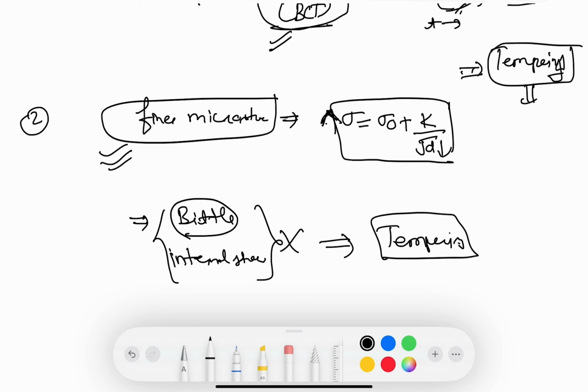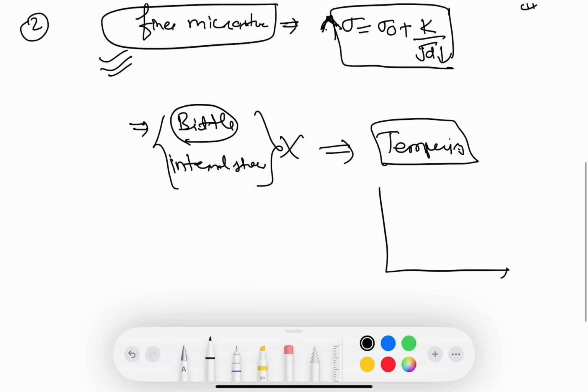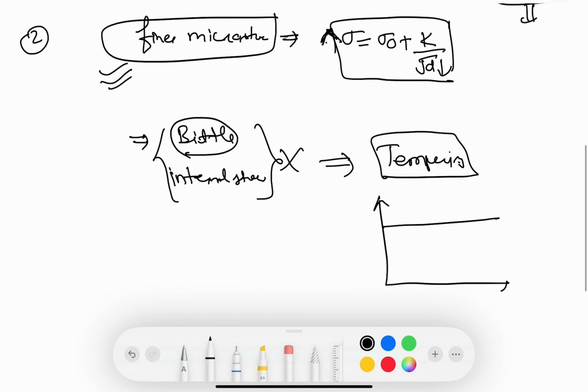For the same eutectoid steel, let's suppose this is 723 degrees Celsius, you heat treat just below 723 degrees Celsius, hold for some time, and then cool in air or furnace. This is called tempering, and there are different types of tempering heat treatment, like high temperature, depending on the tempering temperature.